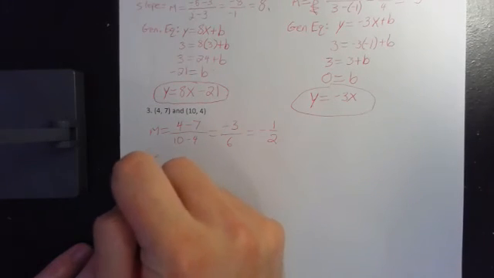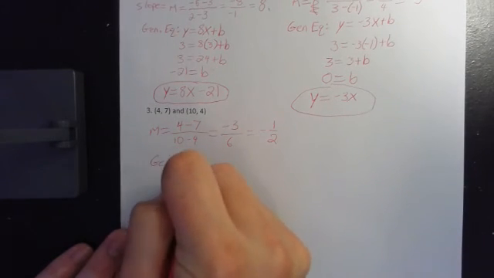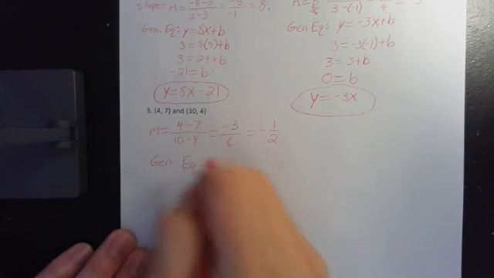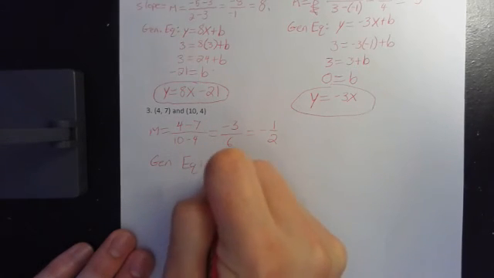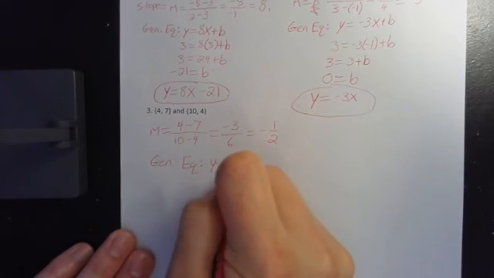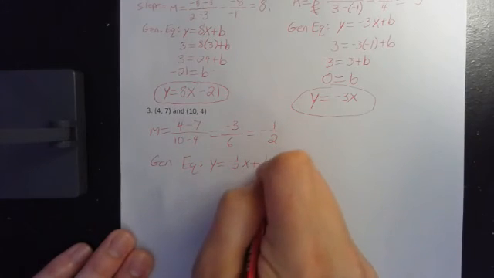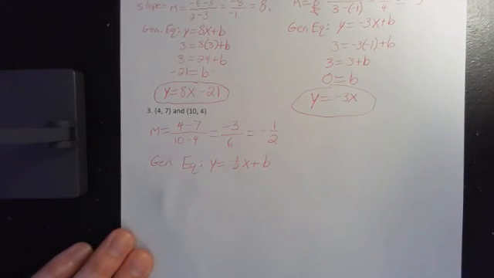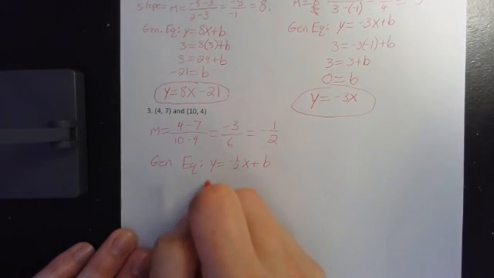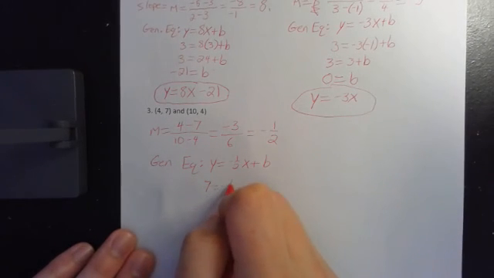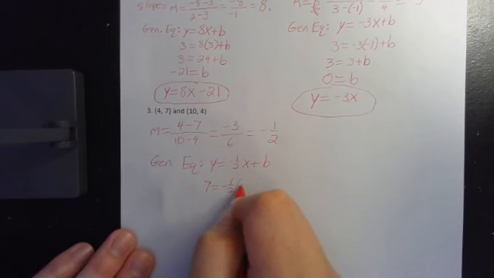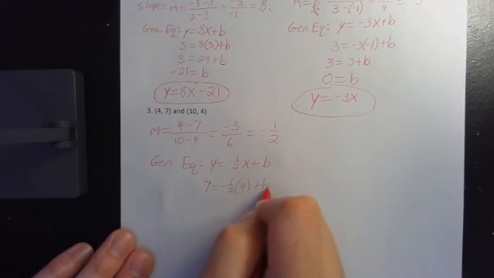Okay, so we get our general equation, which is y is equal to negative 1/2 x plus b. Okay, now we're going to substitute in one of our points. Again, choosing the first point, you could choose either one though. So we have y is 7 is equal to negative 1/2 times 4 plus b.